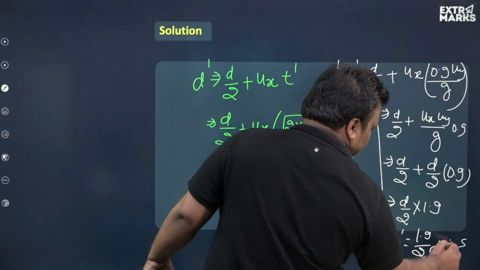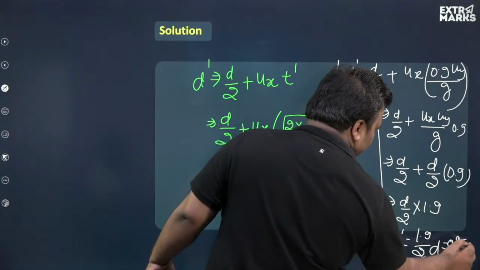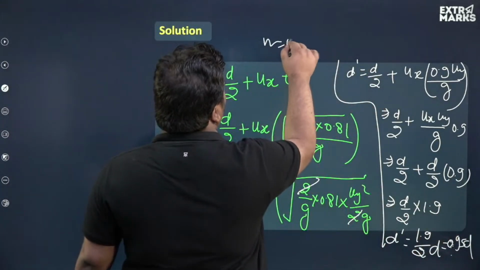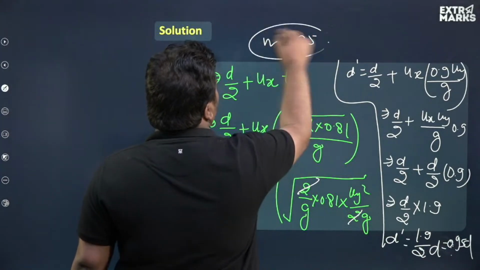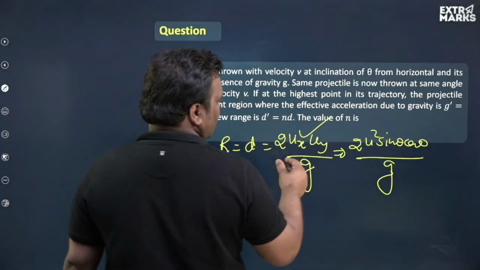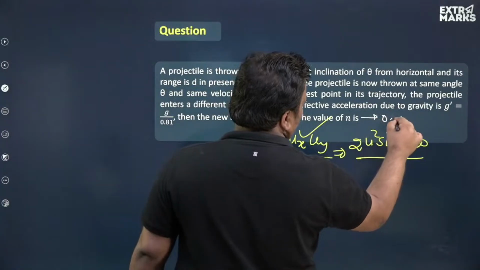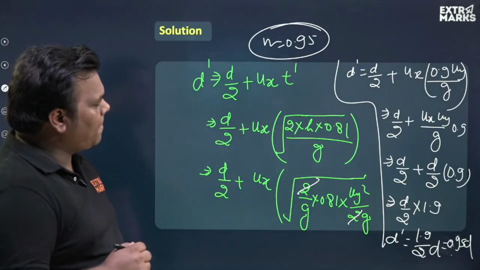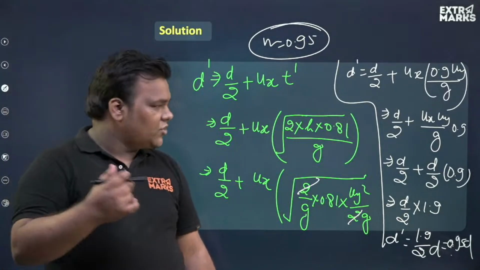That means 0.95 into d, or n is equal to 0.95. My final answer is in front of you, 0.95. Okay? Pakka? Chaliye.